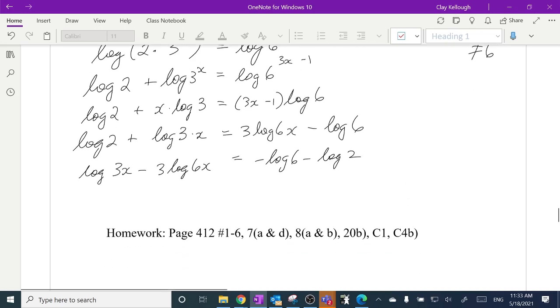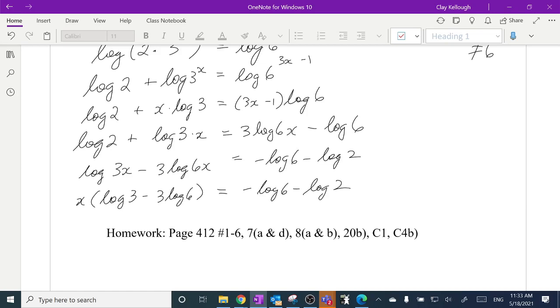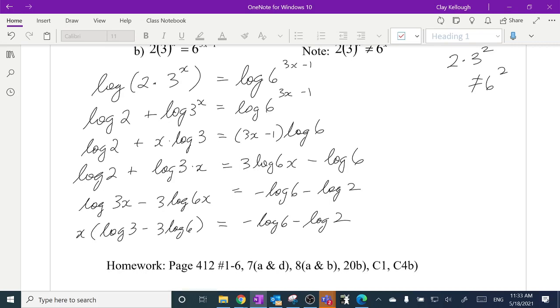Then I'm going to factor out my x. And then, I'm running out of room here, so I'm going to move over to here. Then I'm going to say that x equals, divide both sides of the equation by that bracket. It's negative the log of 6 minus the log of 2 all over the log of 3 minus 3 times the log of 6. Okay, so let's try it again.